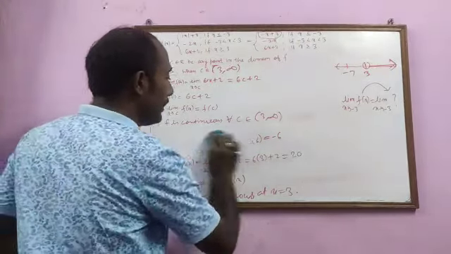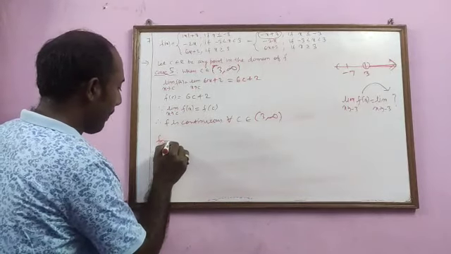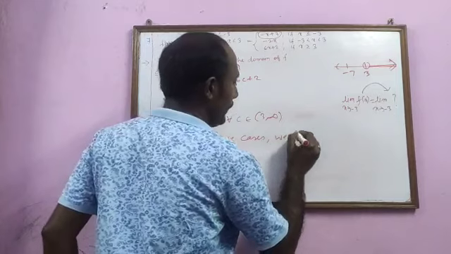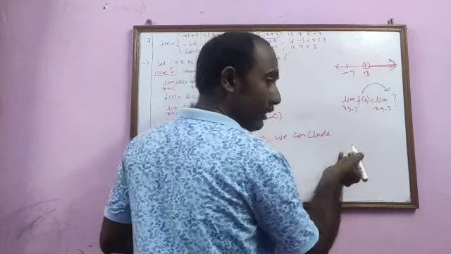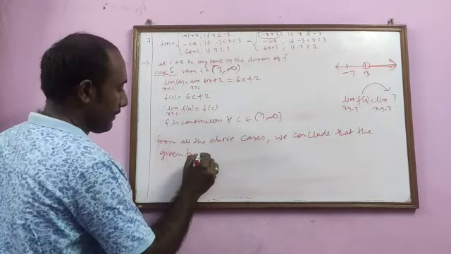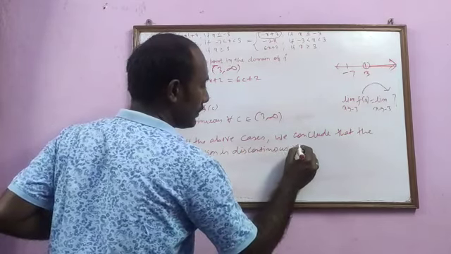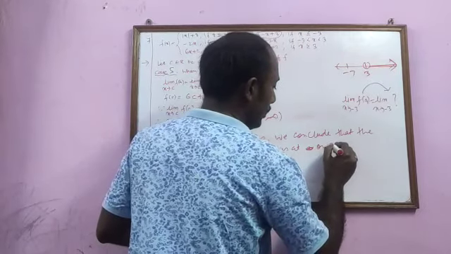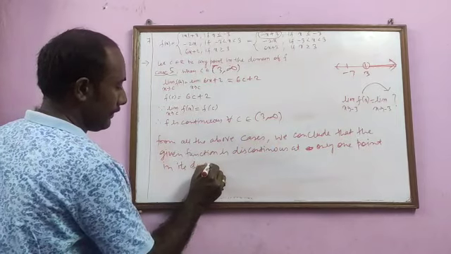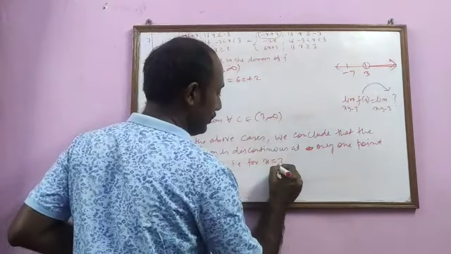So once you go for case 5, since you discussed all the 5 cases, so at last now you need to write that from all the above cases we conclude, or you may write we find, we conclude that the given function is discontinuous at only one point in its domain, that is for x is equal to 3.